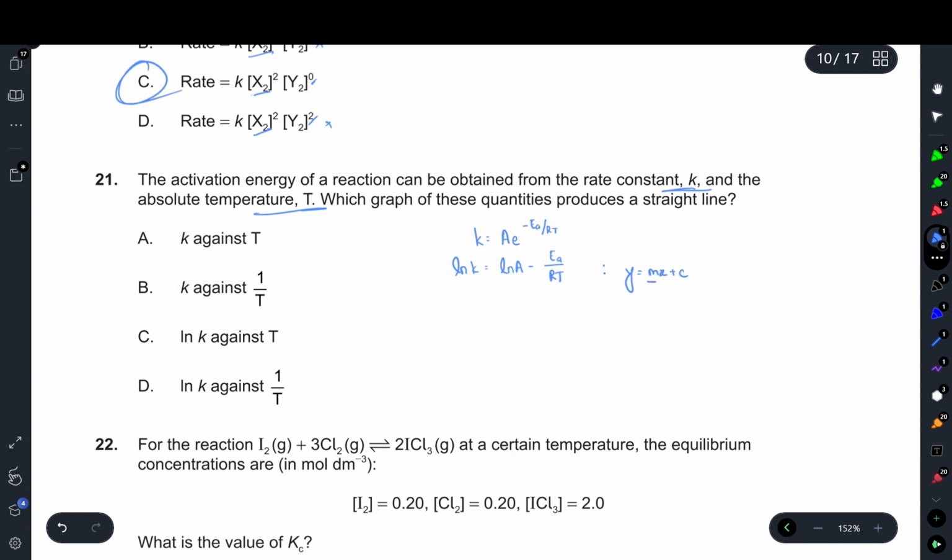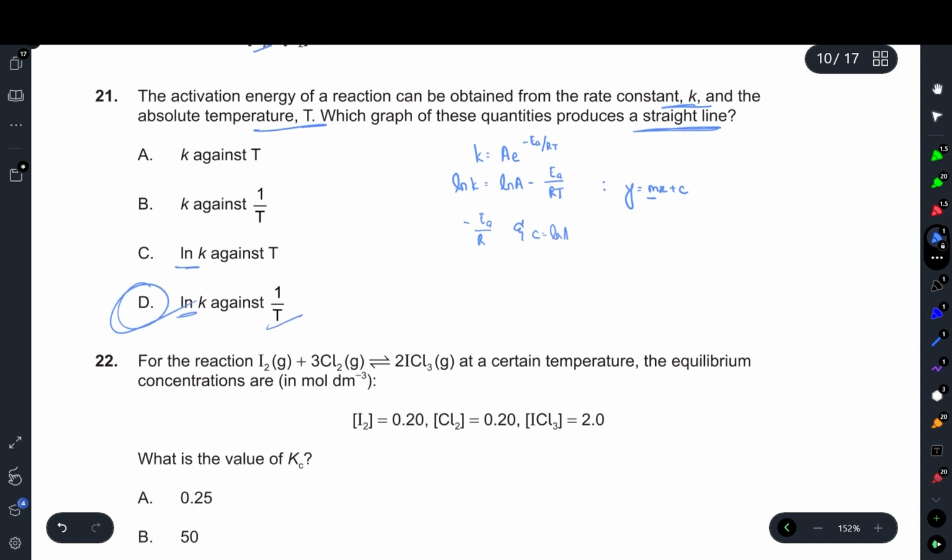You find m, the slope, is equal to minus Ea by R, and c is equal to ln A. This means that y is ln k and x is 1 by temperature.